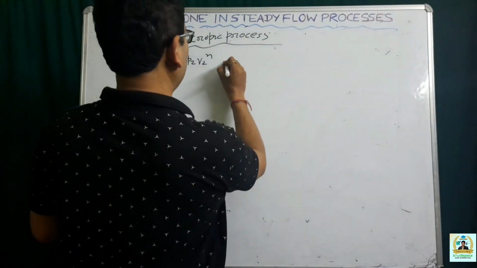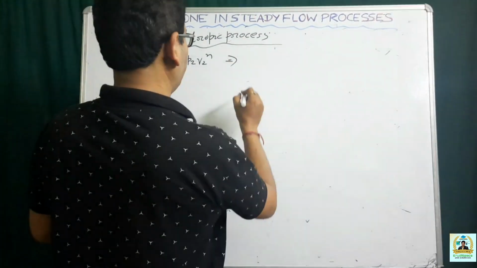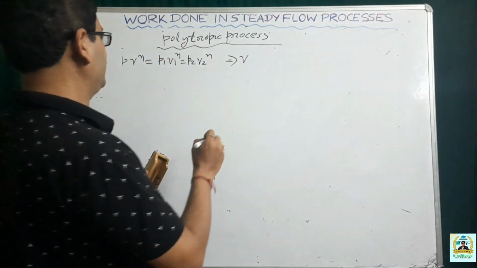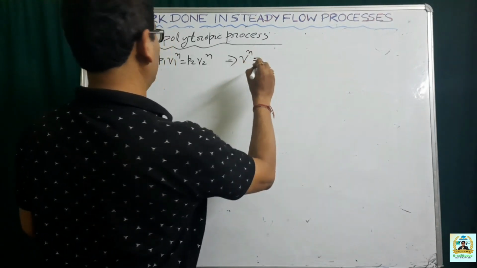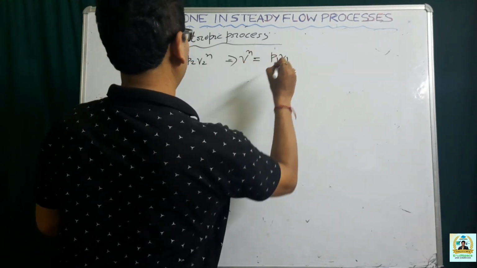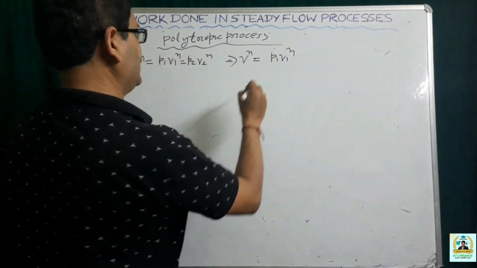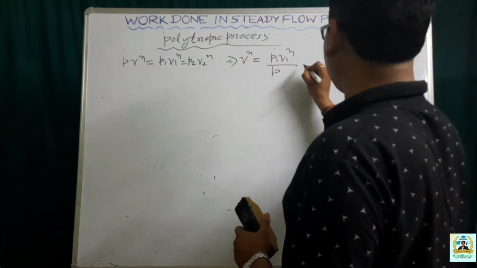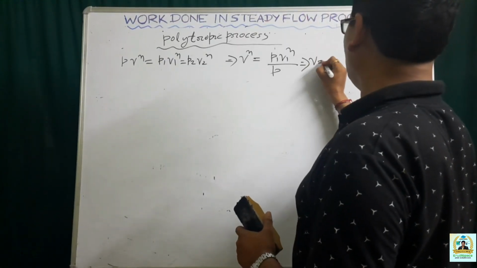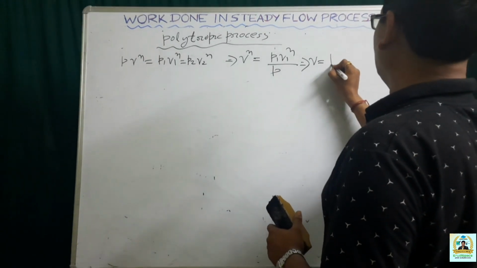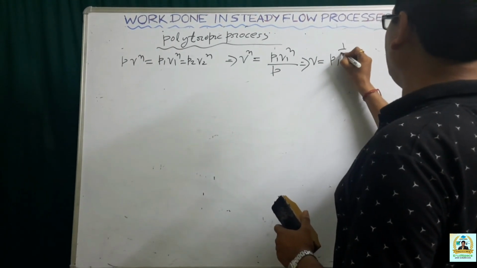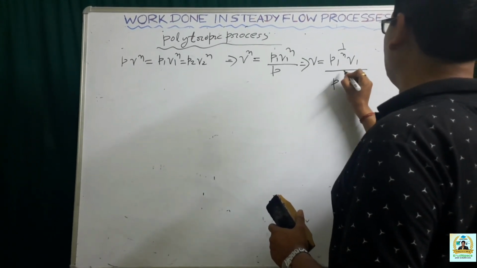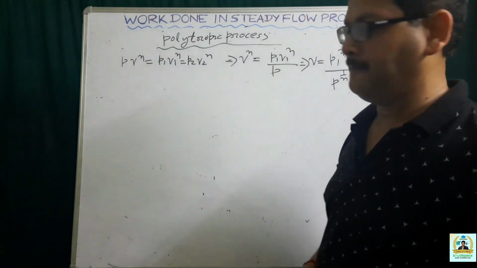So this implies that V to the power n is equal to P1 V1 to the power n divided by P. And this implies V is equal to P1 to the power 1 by n into V1 divided by P to the power 1 by n.